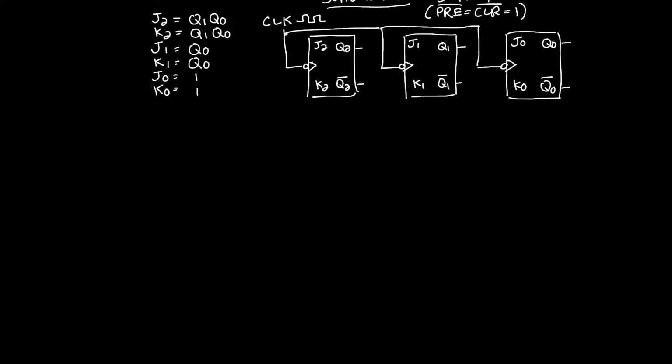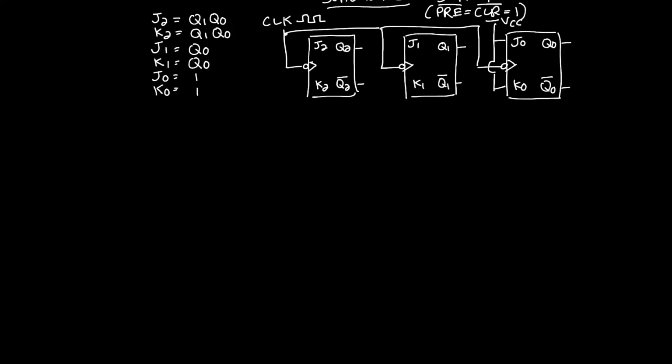All right, so here I see, let's start with the least significant flip-flop first. So I see that actually J0 and K0 are just wired high. And actually that makes sense because the least significant flip-flop is toggling at every clock pulse. So these guys are just wired high.